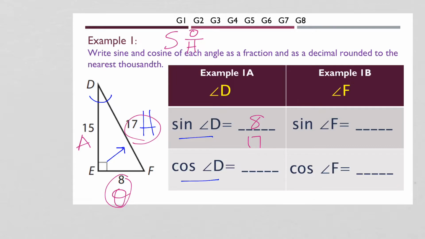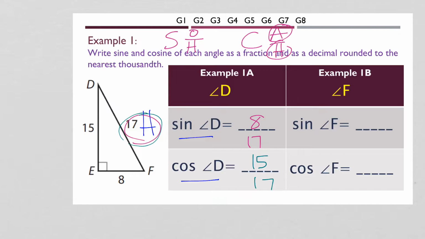Now if I do cosine of D, cosine is CAH. So it's A over H.